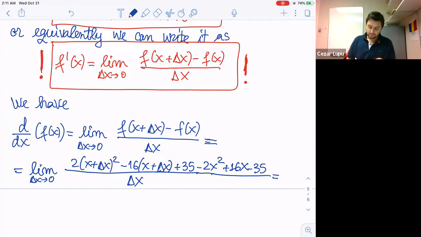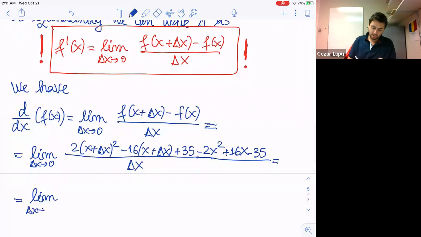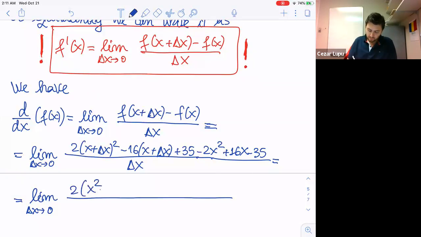All right. And this would be equal to the limit as delta x approaches 0 of, by foiling everything and doing all these computations, 2 times x squared plus 2x delta x, right?